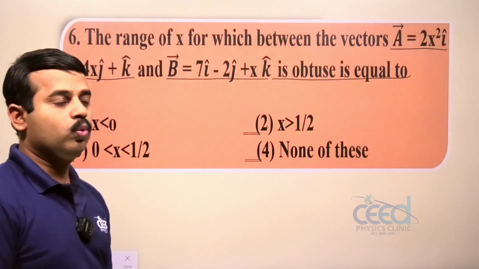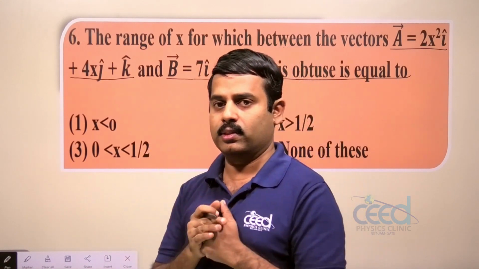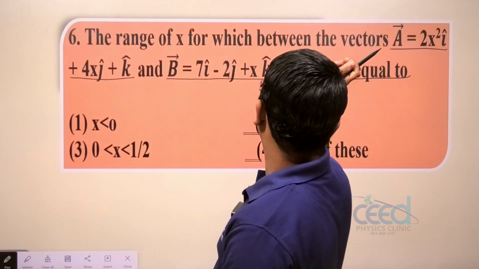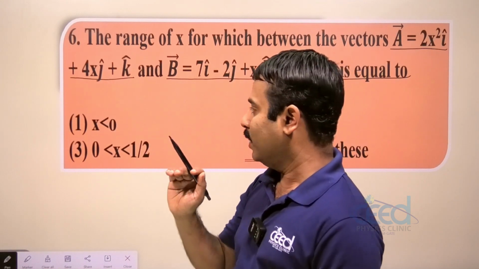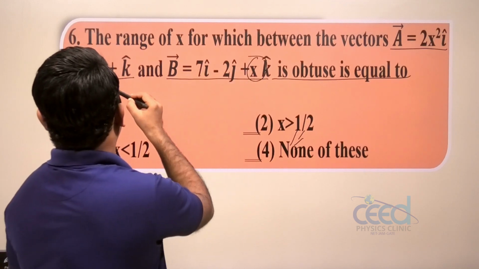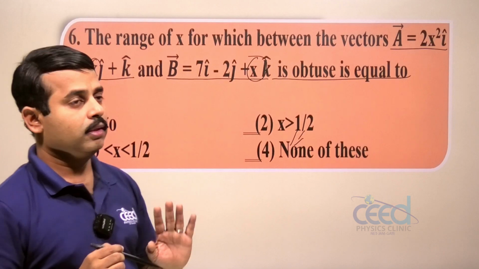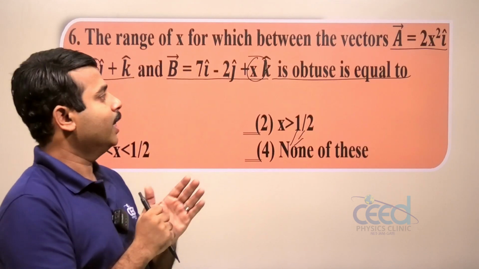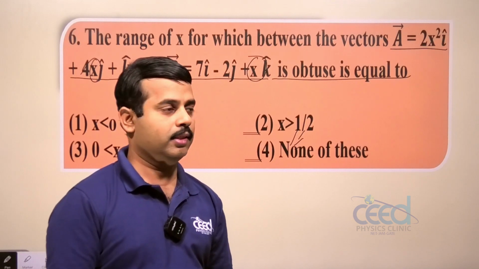So you have been given two vectors, one is this vector A, another vector is this vector B. Here one parameter x is there, here another parameter x is there. So both are x. So find that x value so that the angle between these two vectors is obtuse, right?